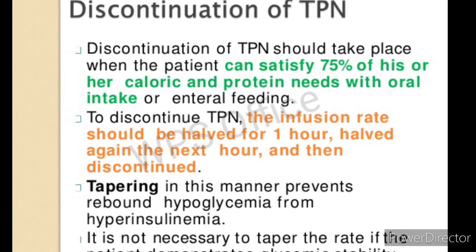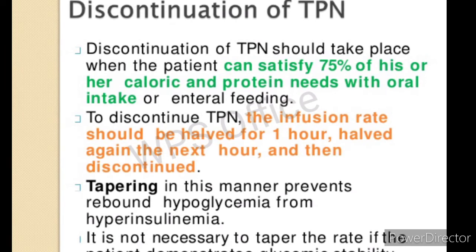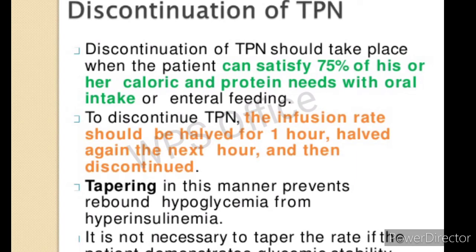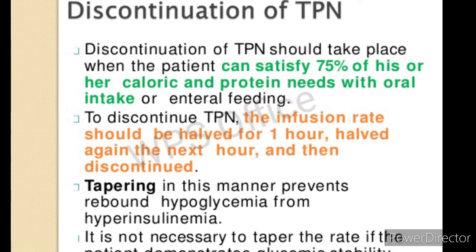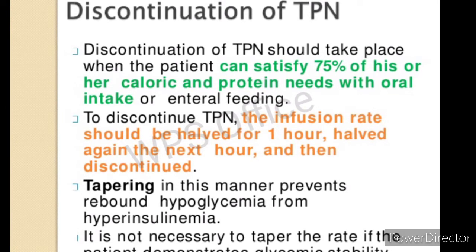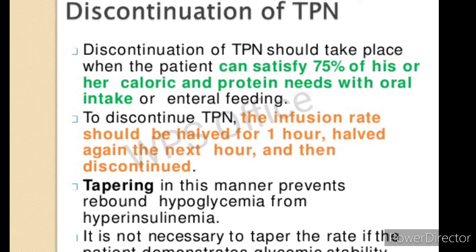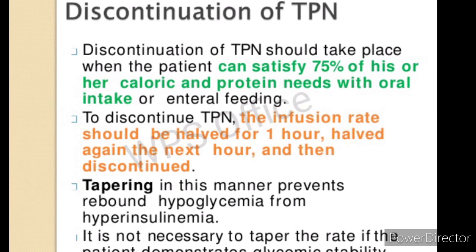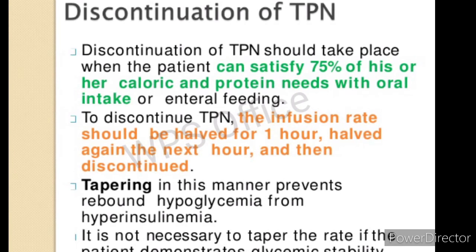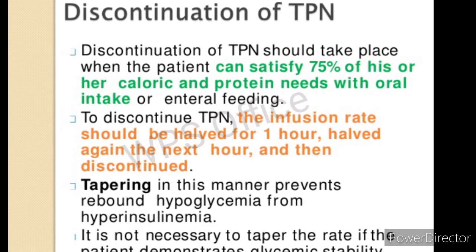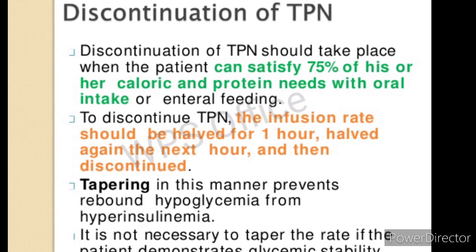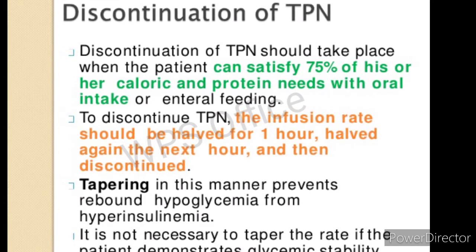For example, if the patient is getting 20 drops per minute, then for 1 hour it should be run at half, that is 10 drops per minute. After 1 hour, it should be halved again, half of 10, that is 5 drops per minute.